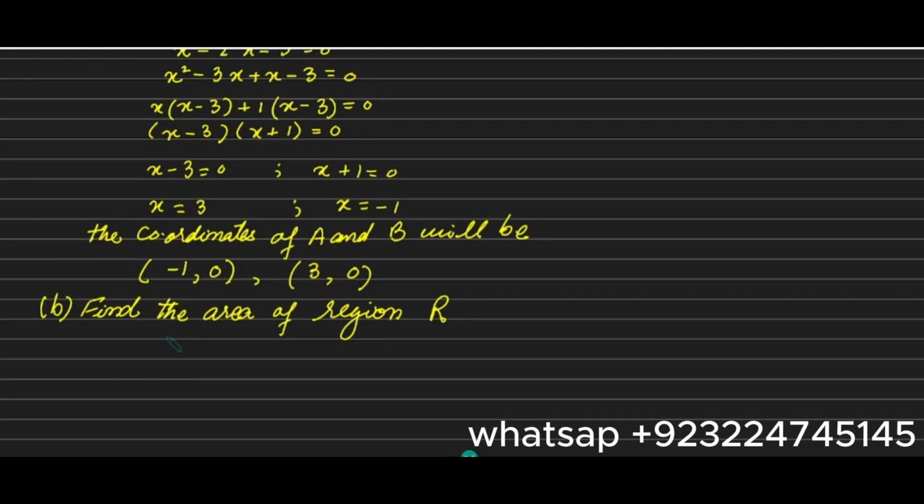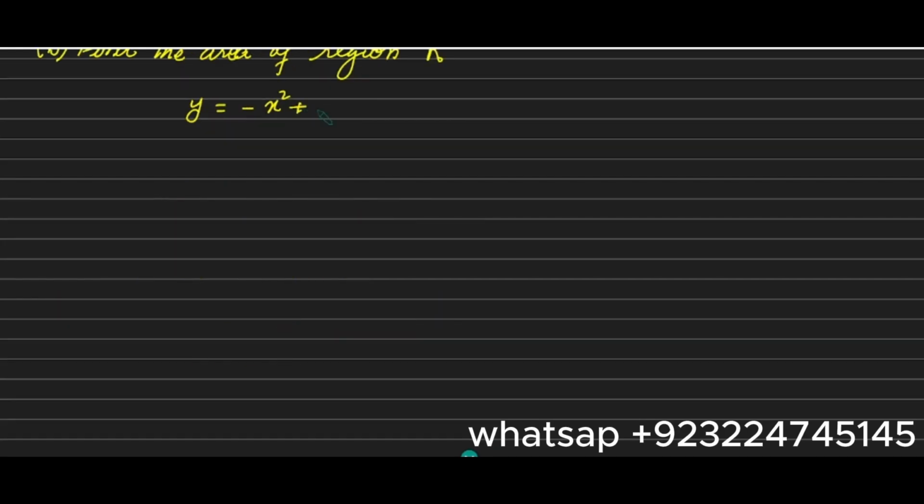In the second part B, we have to find the area of region R. So we solve it. We are given y equals minus x squared plus 2x plus 3.